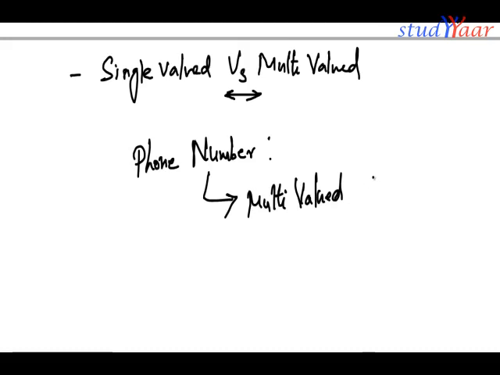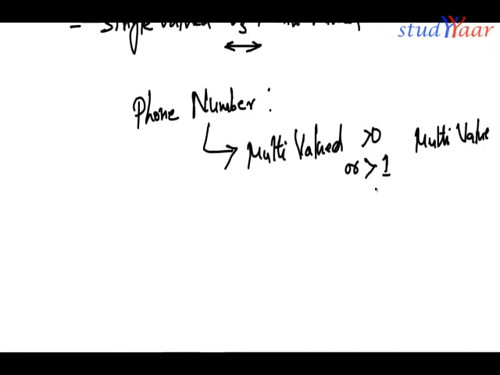It can be more than 0 or more than 1. In both the cases it is called multi-valued. It may happen that it doesn't have any value at all. There may be some person who lives on the street who doesn't even have a landline number, let alone a mobile number, right? So we're talking about greater than or equal to 0.